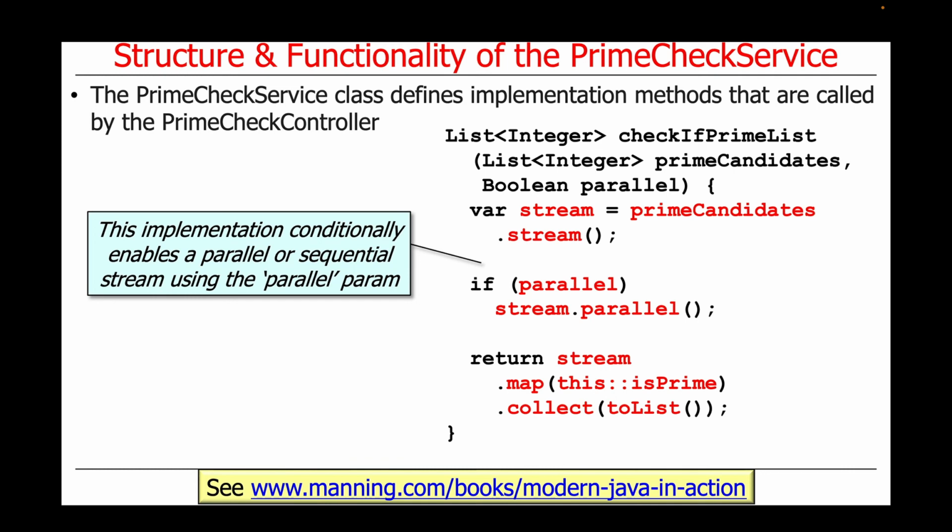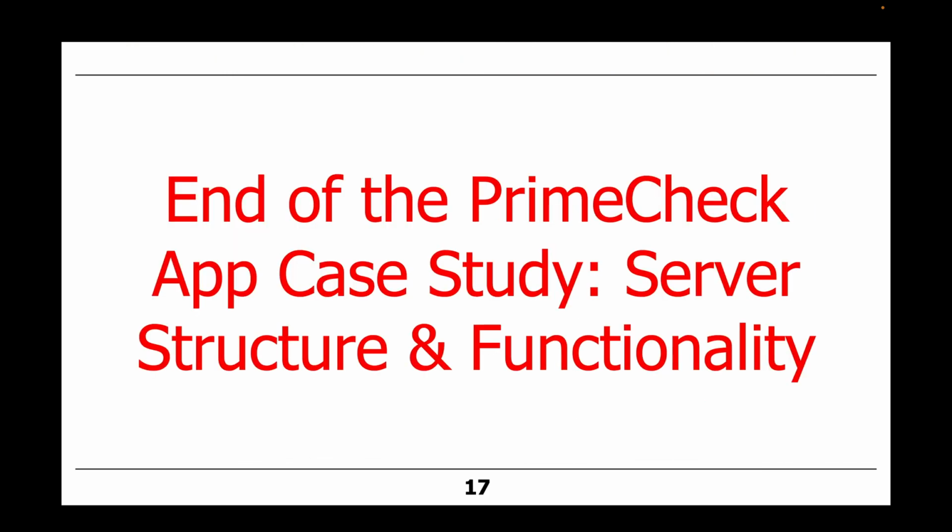And in either case, whether it's parallel or not, we then map each element in the stream using the isPrime method. And isPrime is just a method that computes to see if the number is prime. And we'll look at that implementation later. That result stream is then collected into a list, and that list is then returned as the result from the checkIfPrimeList service implementation method.